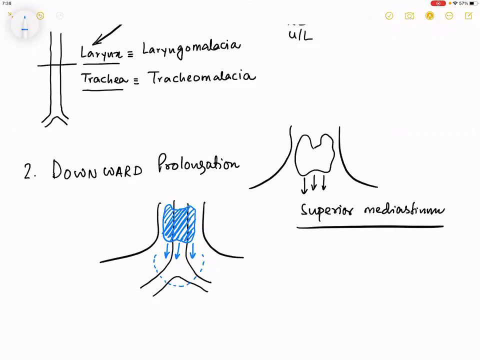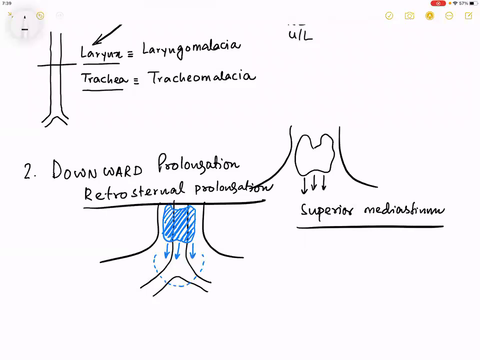But the most logical explanation is that when it is growing down, because of the pull of gravity, the only thing it can do is come behind the sternum, a retrosternal prolongation. Now, why doesn't it go in front of the sternum? Well, it goes in front of the sternum also, but that is uncommon.